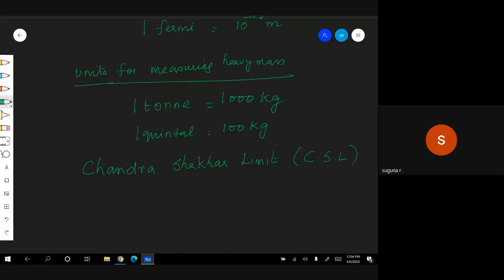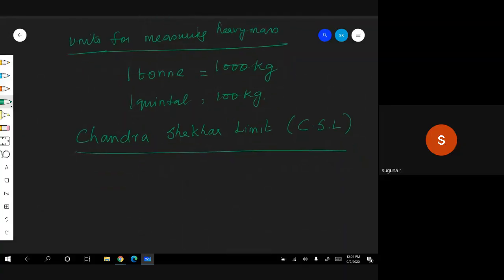Just to honor Chandrasekhar, who did so many observations with black holes, there is one unit given on his name.